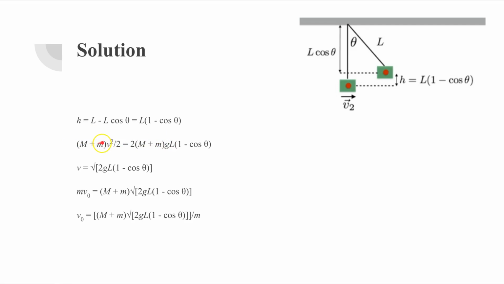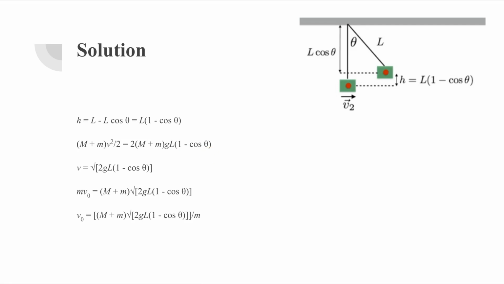This is gone. This is gone. We're left with v squared over 2. I don't know why this 2 is here. It shouldn't be here, so forget that 2. I think it's a typo on my part. So m plus M times gL times 1 minus cosine theta. That should give you the same speed as last time, square root of 2gL times the quantity 1 minus cosine theta. Now we can just use conservation of momentum.